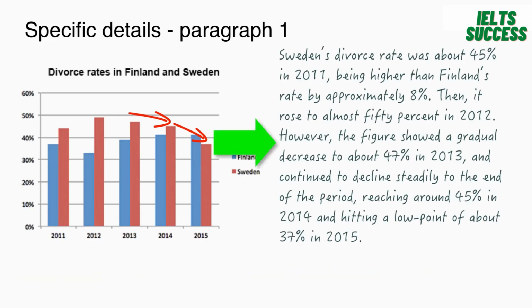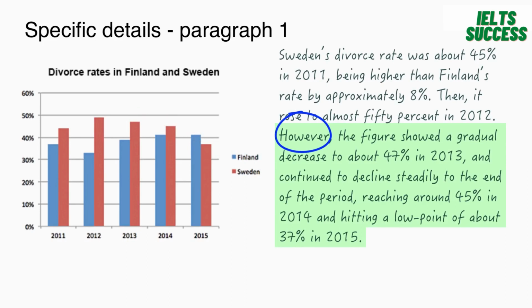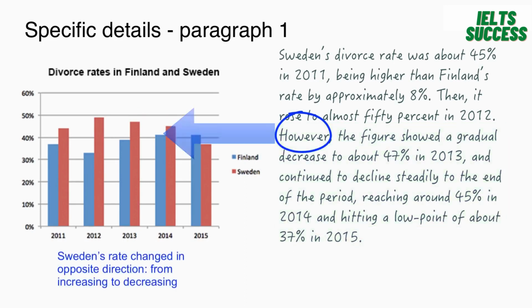So I combine this information in the last sentence by writing, however, the figure showed a gradual decrease to about 47% in 2013 and continued to decline steadily to the end of the period, reaching around 45% in 2014 and hitting a low point of about 37% in 2015. The linking word, however, is used to emphasize that Sweden's rate changed in opposite direction, from increasing to decreasing.